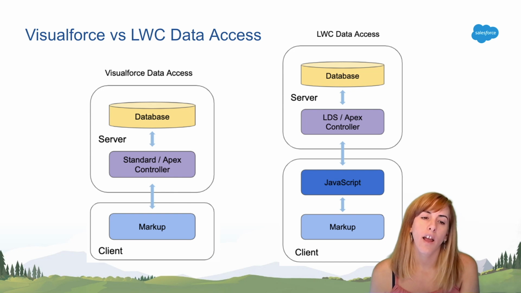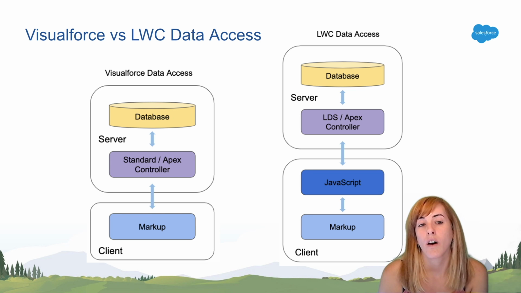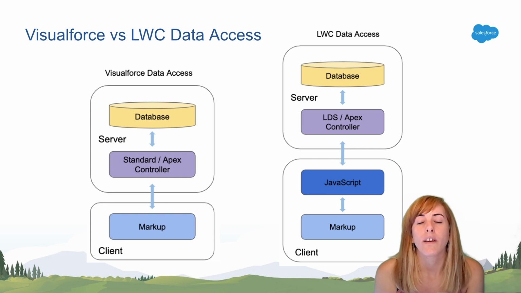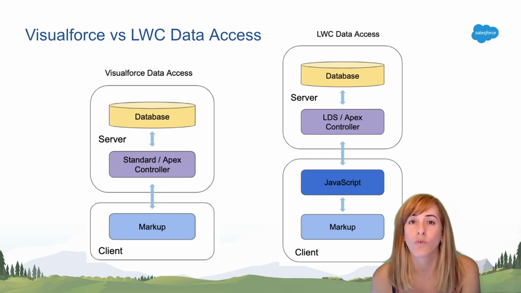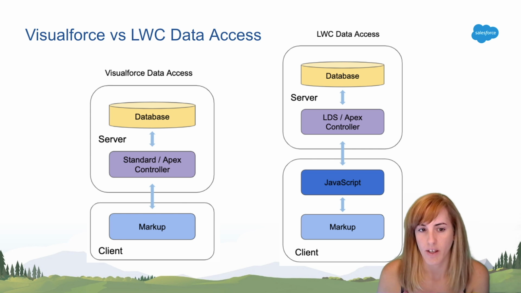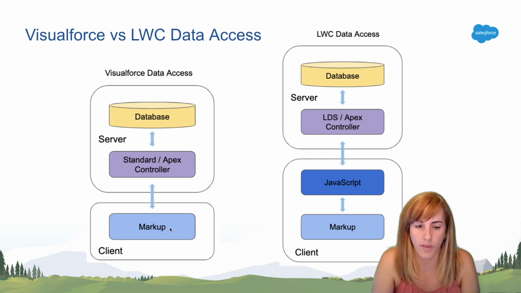So this is a diagram of how Visualforce controller architecture was and how Lightning Web Components controller architecture differs from it. You can see on the left-hand side that in Visualforce, what we had was normally a Visualforce page with the markup, right?